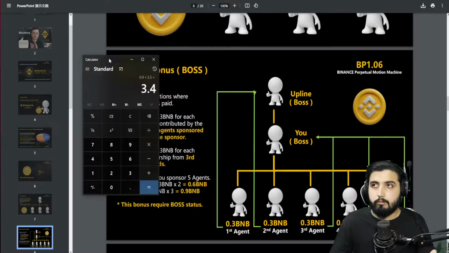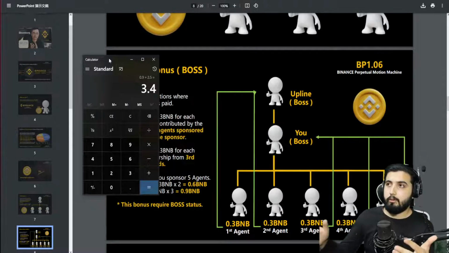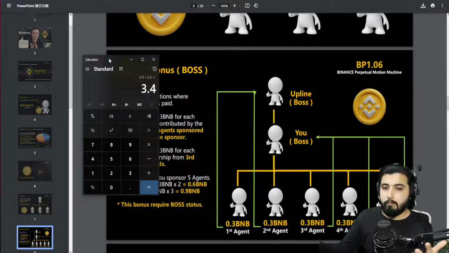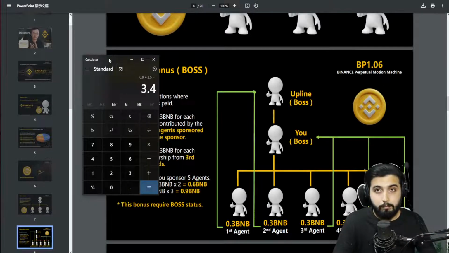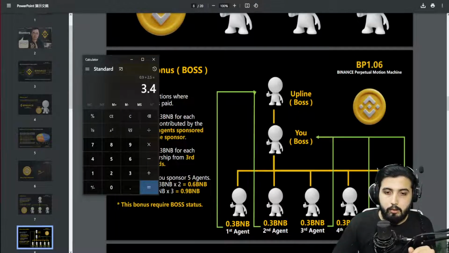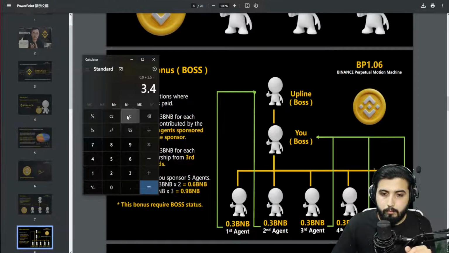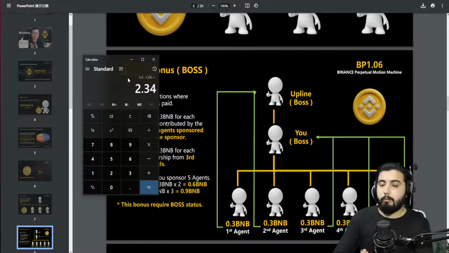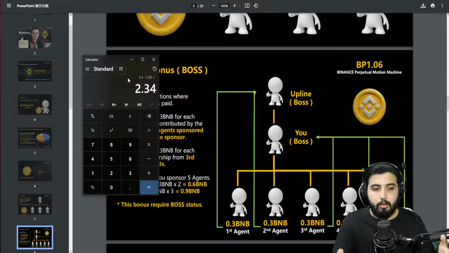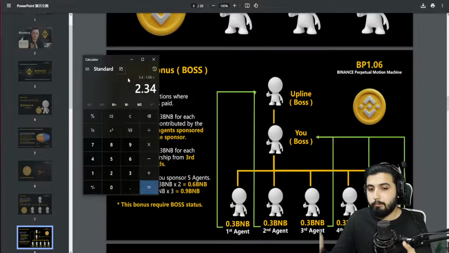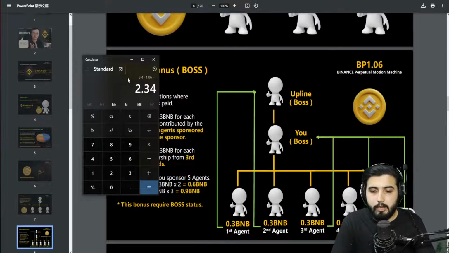So if you refer 5 people, you get 3.4 BNB, and your initial investment is 1.06. So 3.4 minus 1.06. By referring 5 people, you make a profit of 2.34 BNB, which is way more than double.